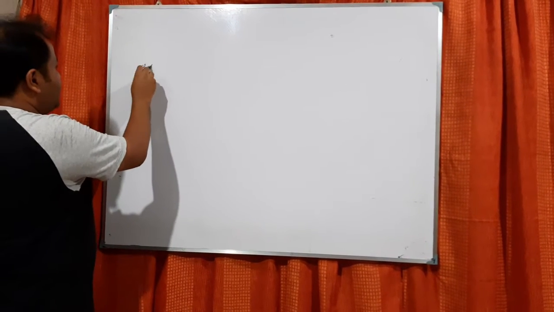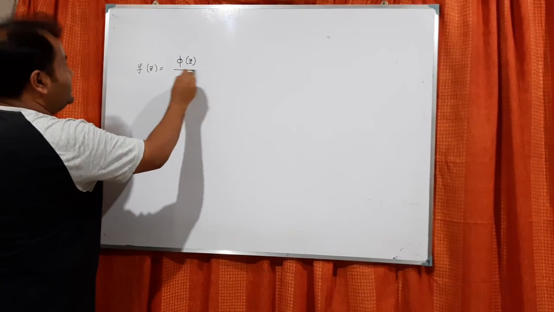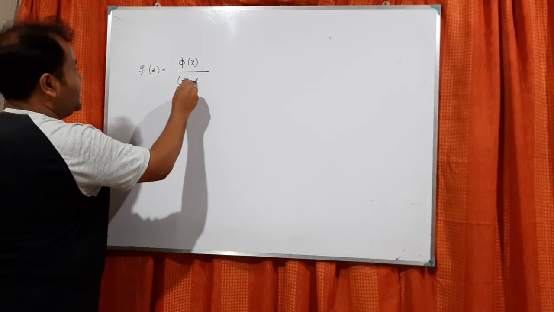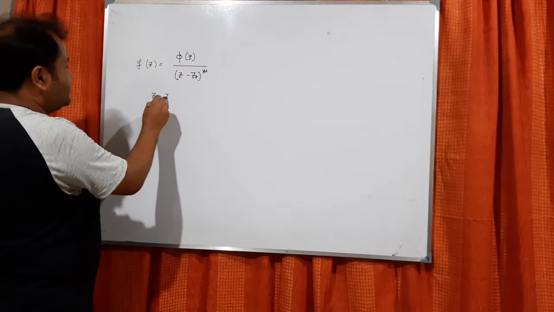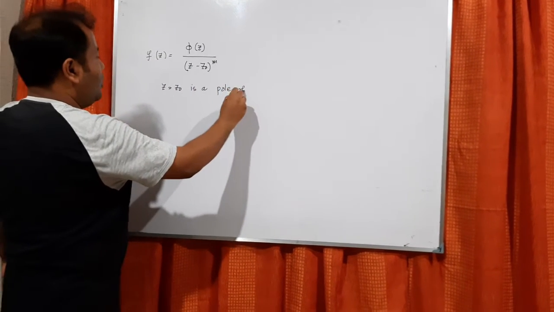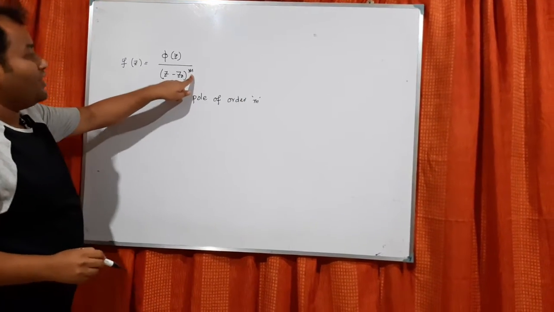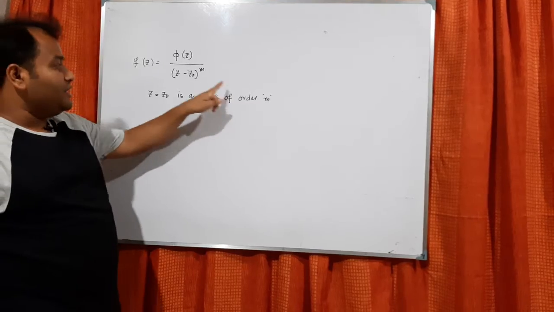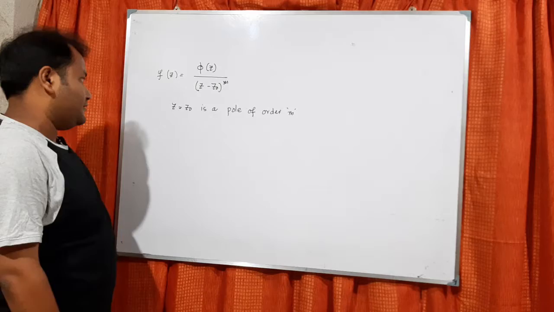So you need to know something about pole. If f(z) is a function like this, phi of z by (z minus z naught) power m, then z equals z naught is a pole of order m. This is very important. You need to know the meaning of the order of the pole, that is how many times it appears as a factor.